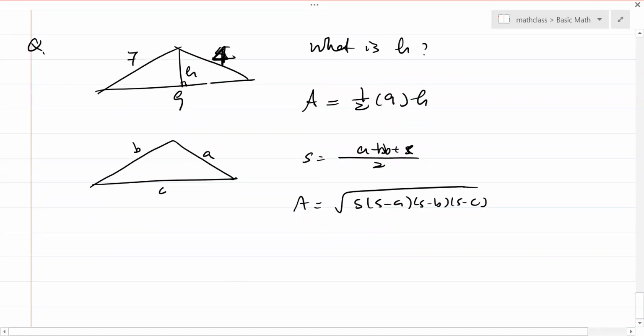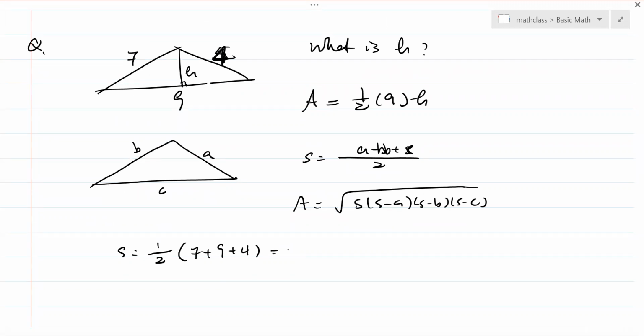So therefore, for the above problem, you will get 7 plus 9 plus 4. 7 plus 4 is 11, 11 plus 9 is 20, 20 divided by 2, so S is 10.